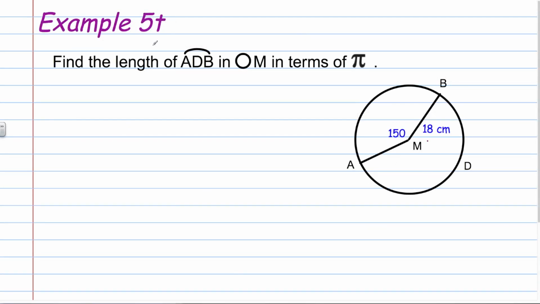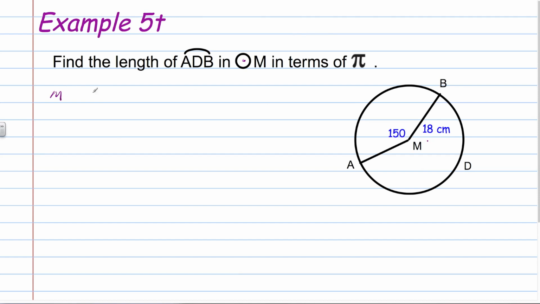In example 5, we're asked to find the length of arc ADB in circle M in terms of pi. So let's get this one going. To find the length of arc ADB, we're going to have to find the measure of our angle AMB, or the measure of arc ADB. Doesn't really matter either way.